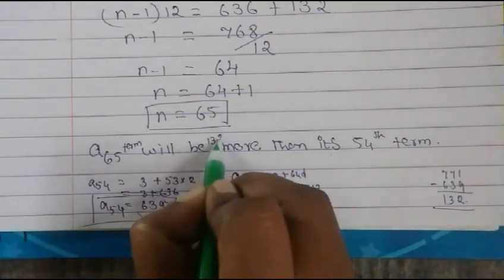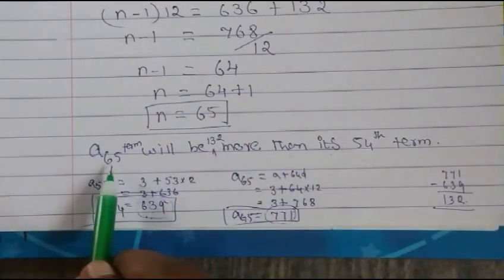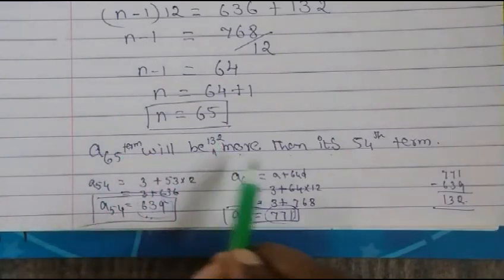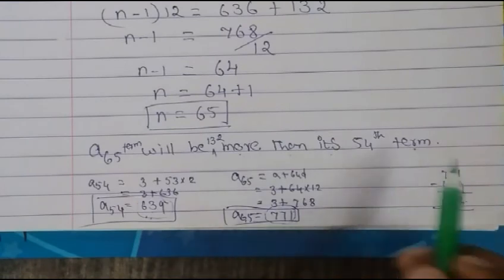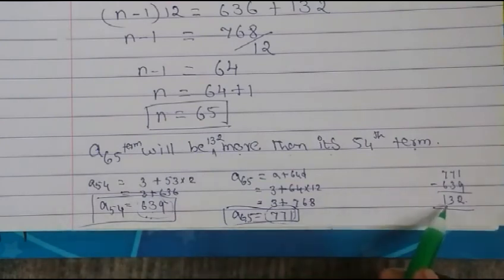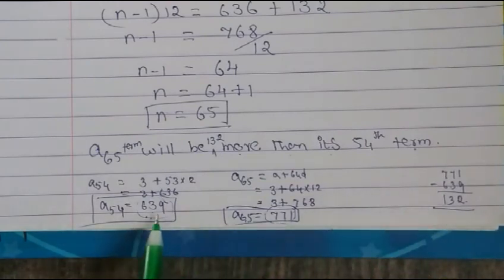So the 65th term will be 132 more than its 54th term. So you see, here you have 132 more, here the 54th term is less. So the 65th term is 132 more than its 54th term.